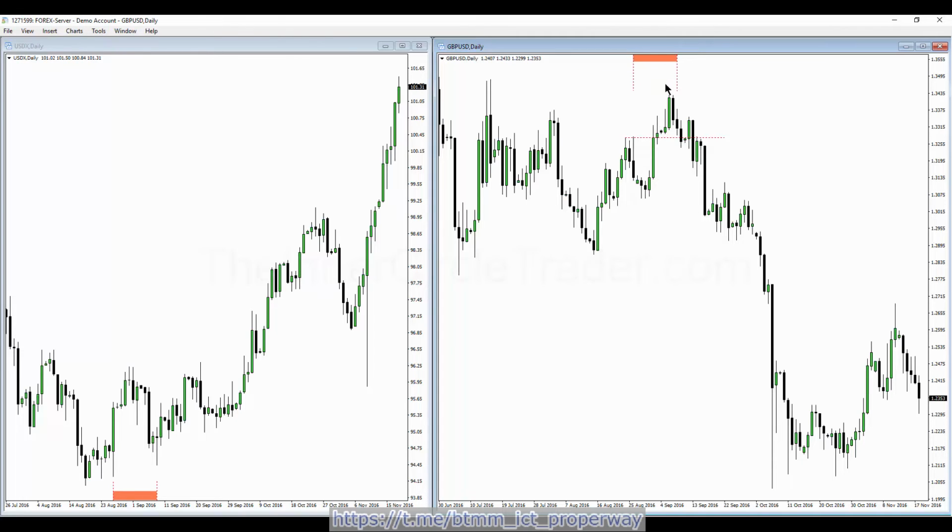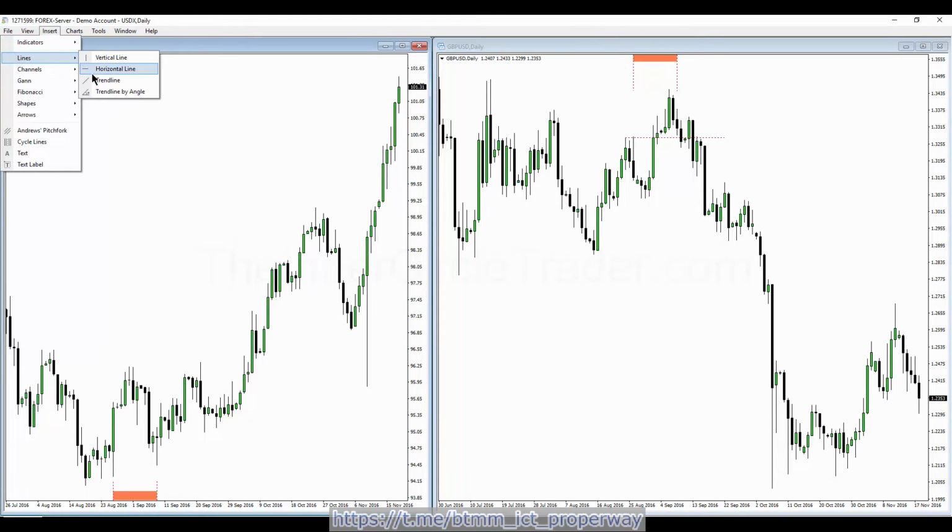At the same time, this low on the dollar index here did not see another lower low. So as the cable was pressing higher, rallying, this dollar index should have seen a lower low. It did not do that.